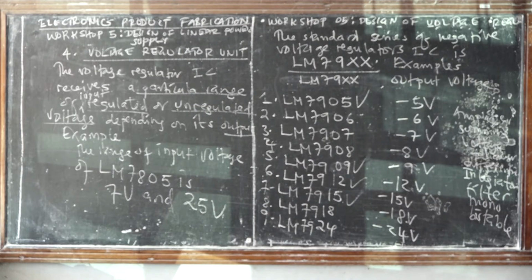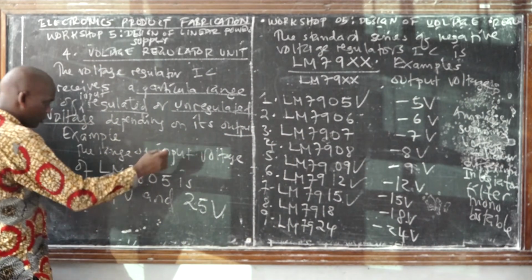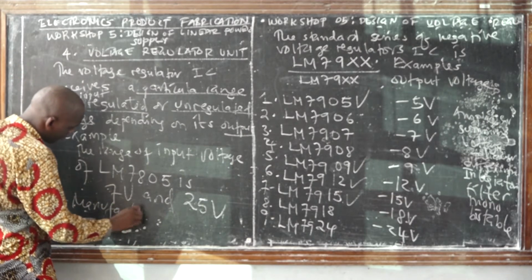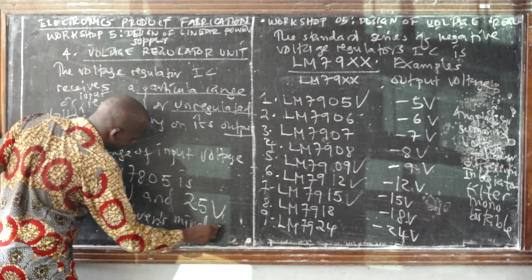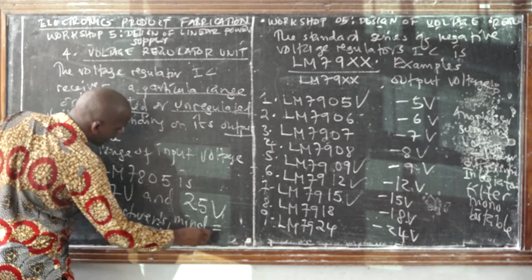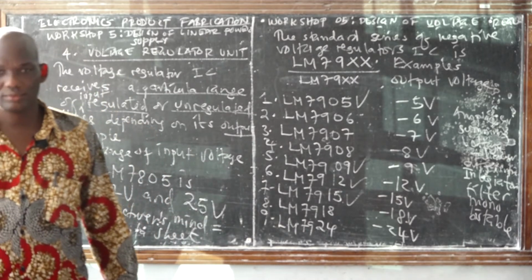Are we together, class? Should I repeat? I say this is according to the data sheet, the manufacturer's. In electronics this is called the data sheet. The manufacturer is the one who knows the specifications of the IC more than anybody else.